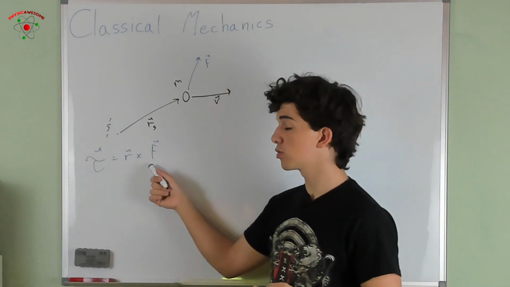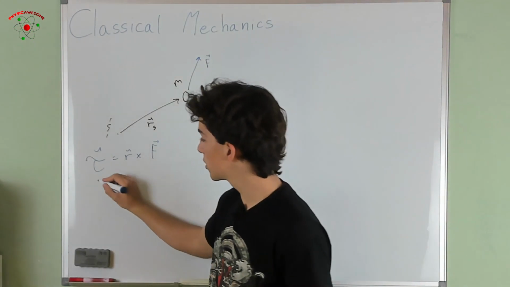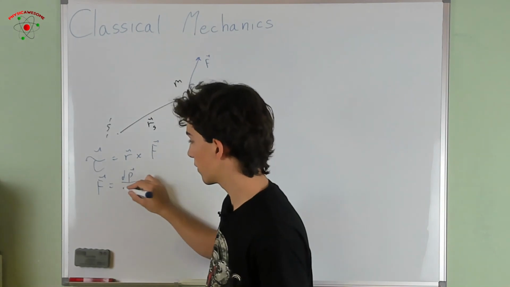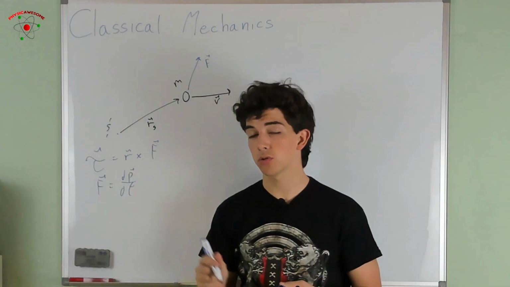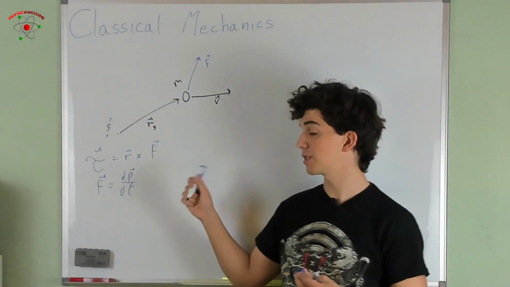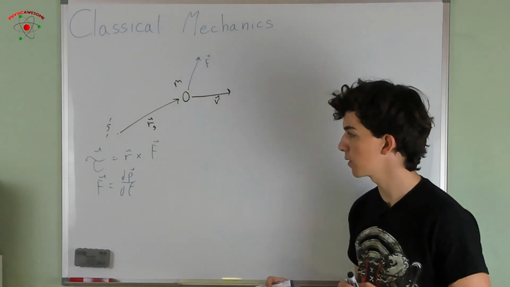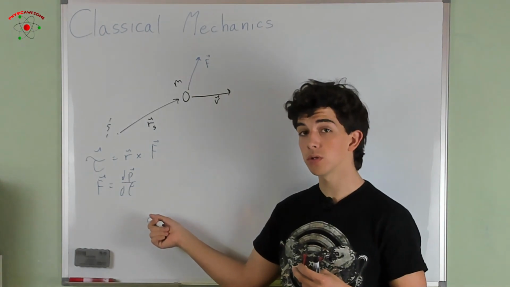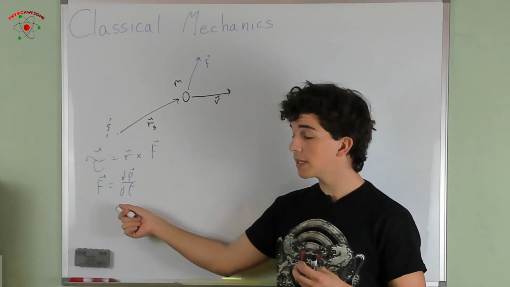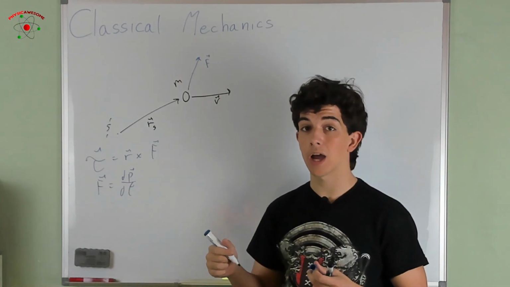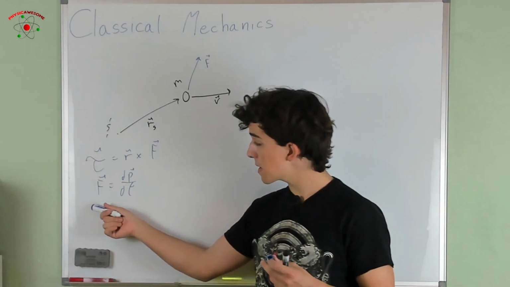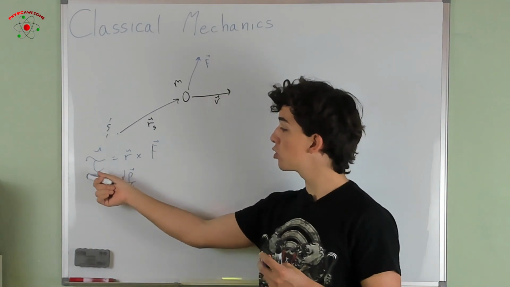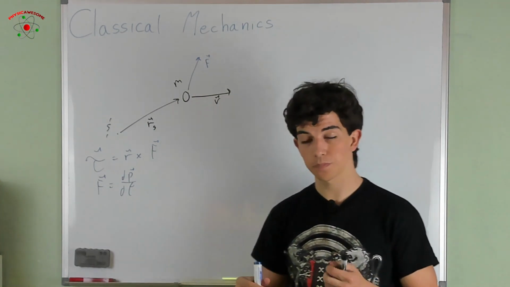Moreover, we also note that force equals the first derivative of the momentum by Newton's second law, the first time derivative specifically. Therefore, one thing that we could try and do is to take the derivative of angular momentum, as we maybe expect some sort of relationship like this between torque and angular momentum.